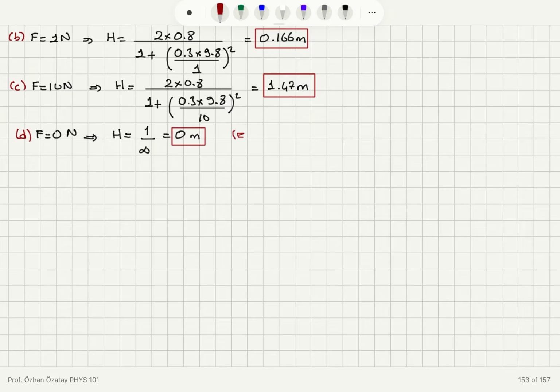If the force is infinite, what will happen to the maximum height? If F goes to infinity, H becomes 2L divided by 1 plus 0. 1 over infinity is 0. So this is going to be 2L. So that is 1.6 meters.